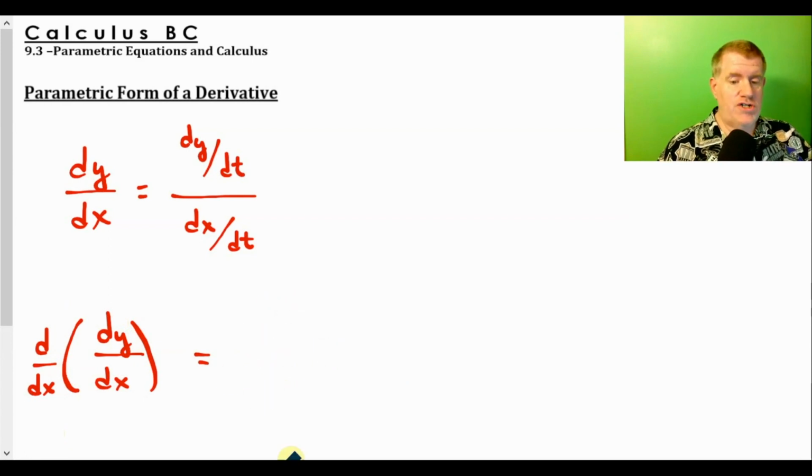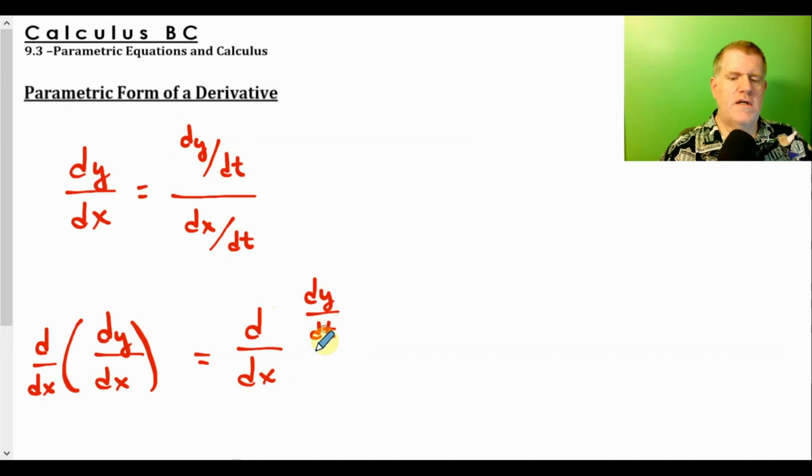Now the notation is going to help us find a second derivative of a parametric equation, because we're going to do a little bit of manipulation with this. You have to remember, in a parametric, dy over dx is really defined as dy over dt over dx over dt.